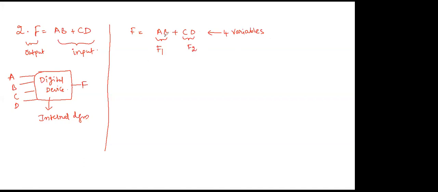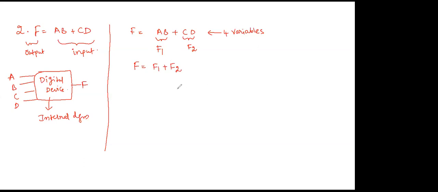You have to reduce the given Boolean expression into two variables only by grouping two variables as one group. So you will get F is equal to F1 plus F2, where F1 is equal to AB, F2 is equal to CD.